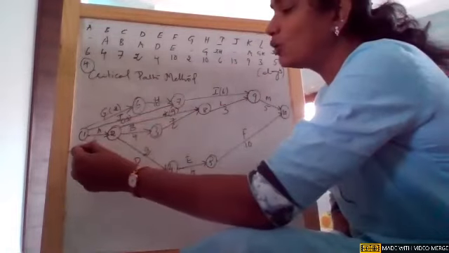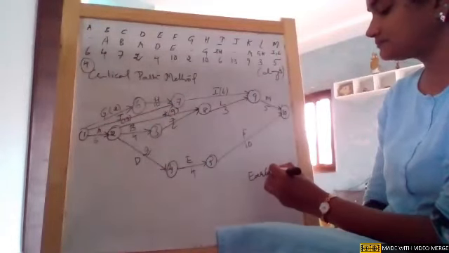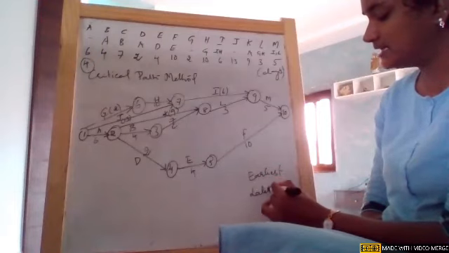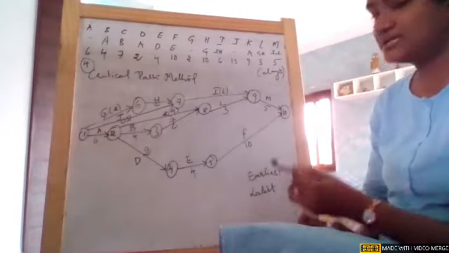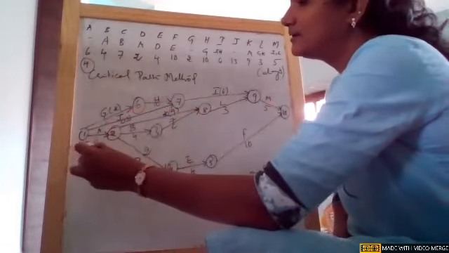Now near every node, there will be two durations, earliest time and latest time. Okay, so how do I represent them?